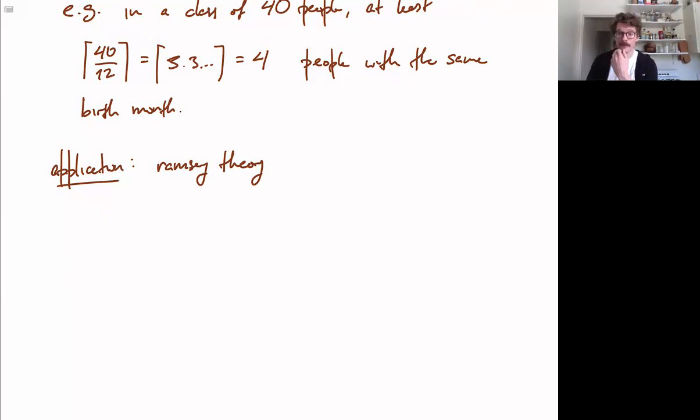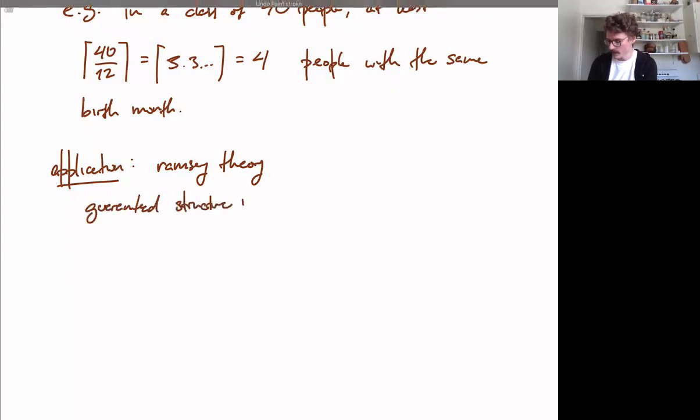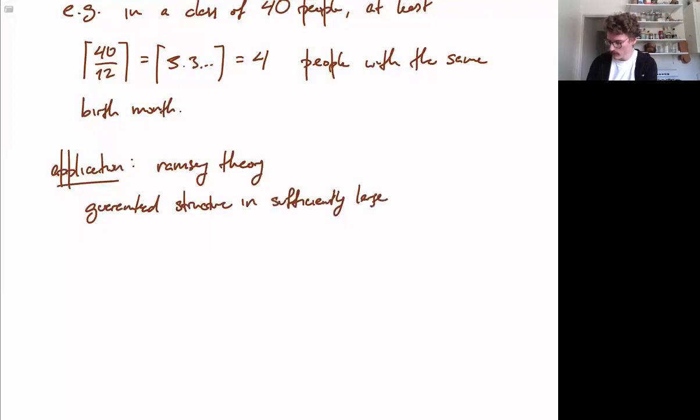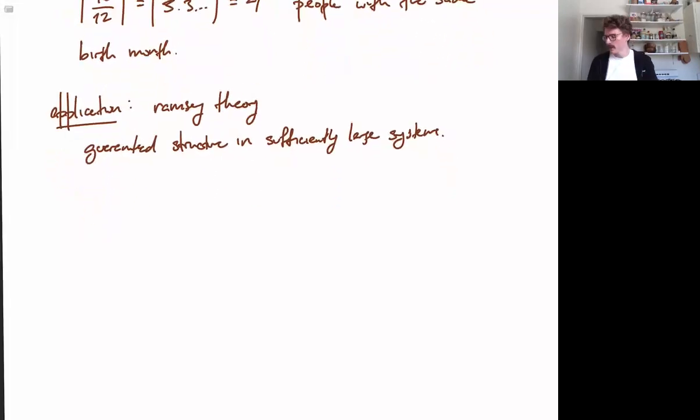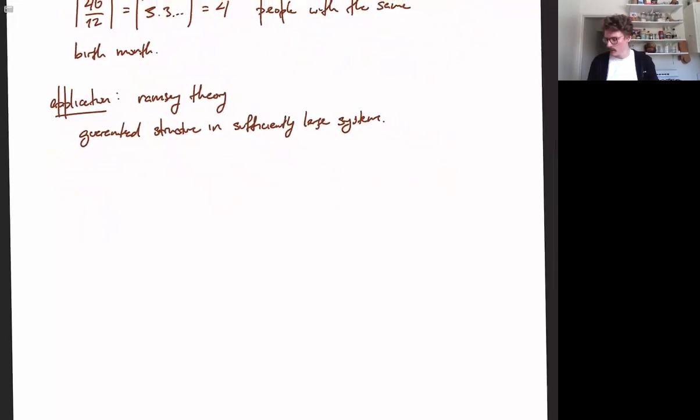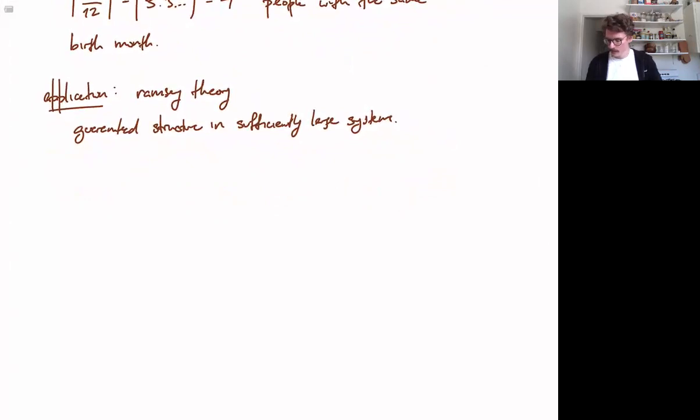So Ramsey theory, just to give a quick spiel, is about having guaranteed structure in sufficiently large systems. So what do we mean by this? Let's give an example.